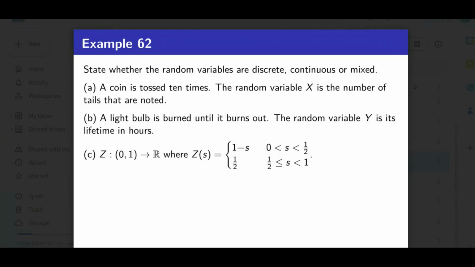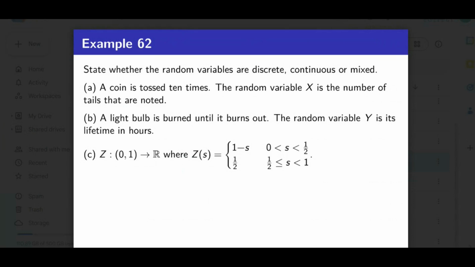Now, I put this example there to show you this kind of weird random variable that displays both the features of discrete and continuous nature. So what do I mean by this?